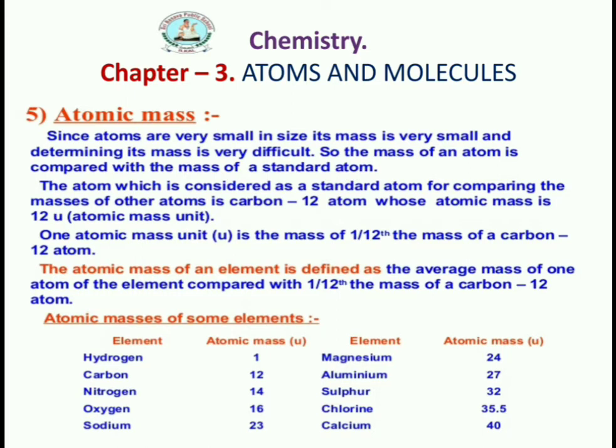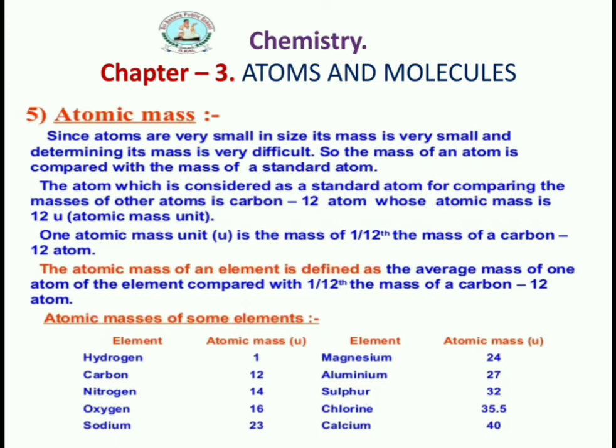Hydrogen has atomic mass 1, carbon 12, nitrogen 14, oxygen 16, sodium 23, magnesium 24, aluminum 27, sulfur 32, chlorine 35.5 and calcium 40.